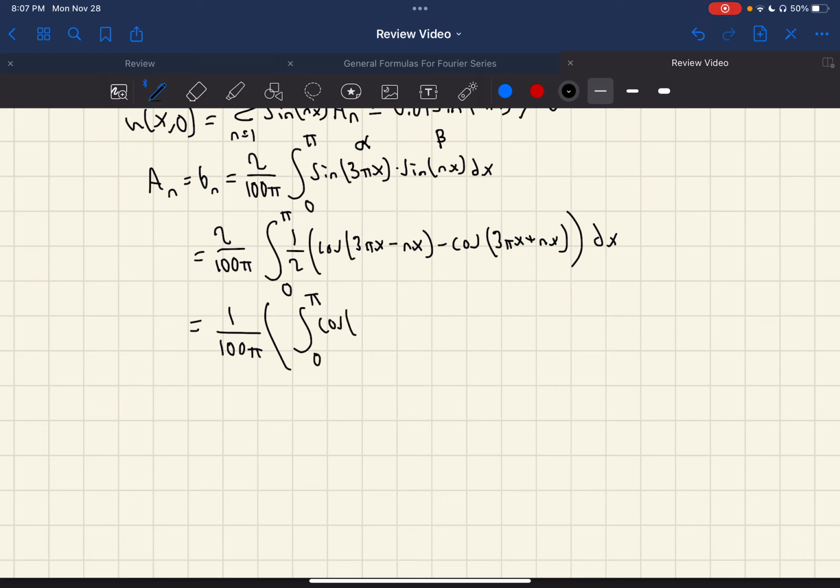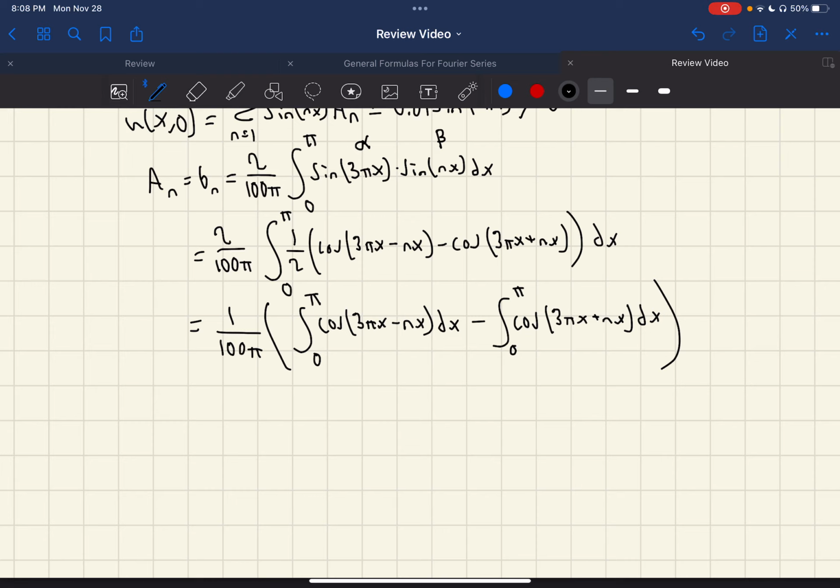So we have the integral from 0 to pi of cosine of (n pi x minus nx) dx, minus the integral from 0 to pi of cosine of (3 pi x plus nx) dx.